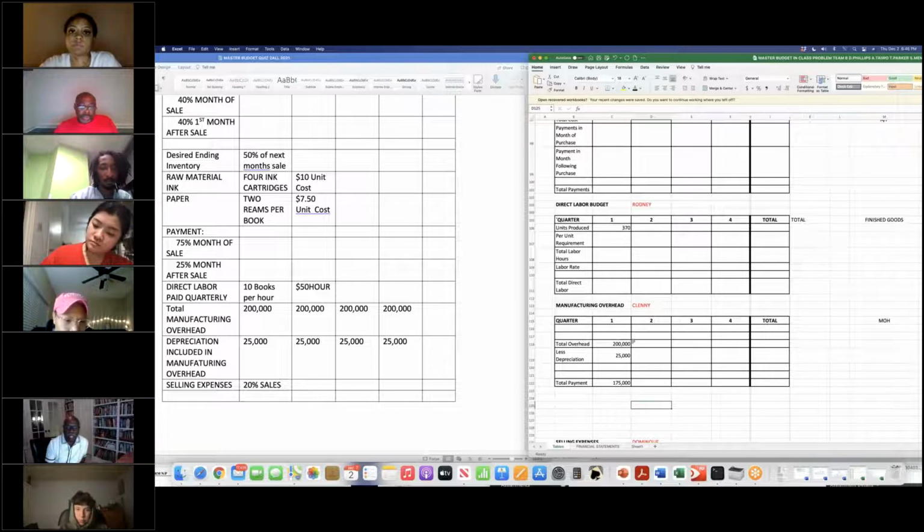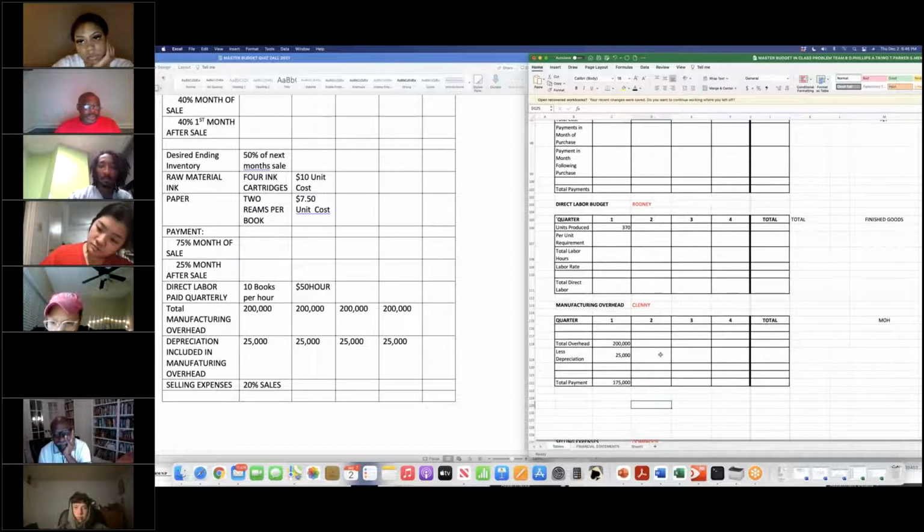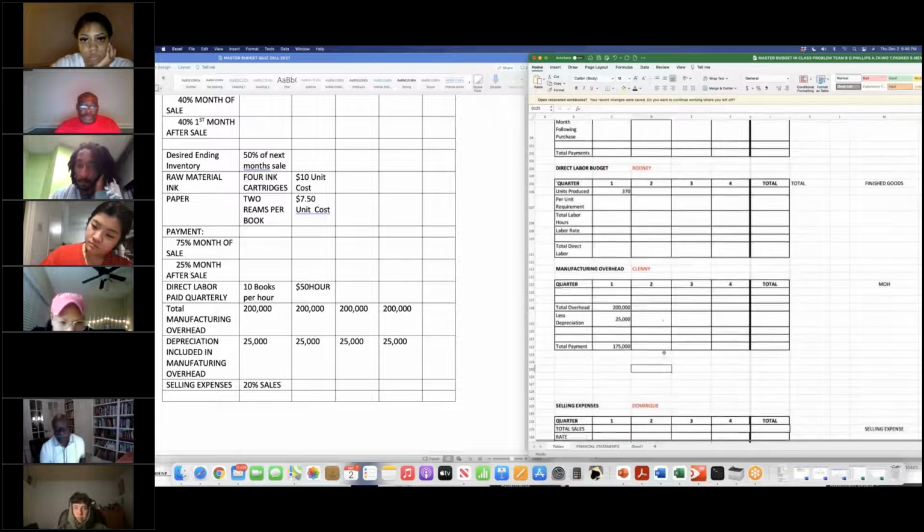So you're trying to determine how much cash you have to pay. You don't have to pay depreciation. So your outlay is 175. Any questions? Not on that.